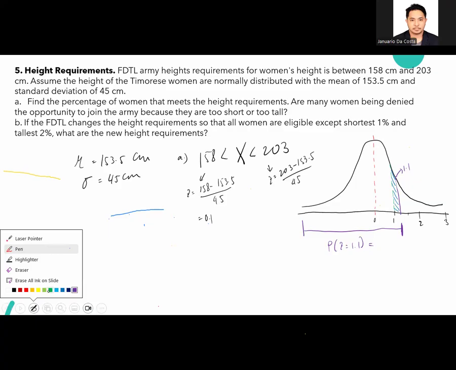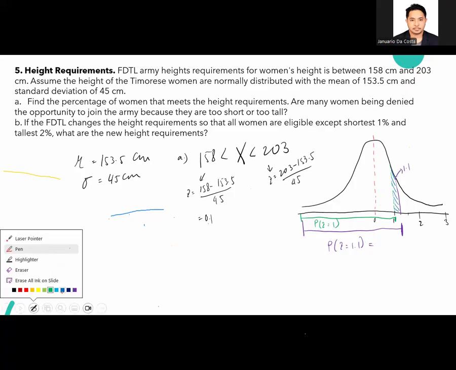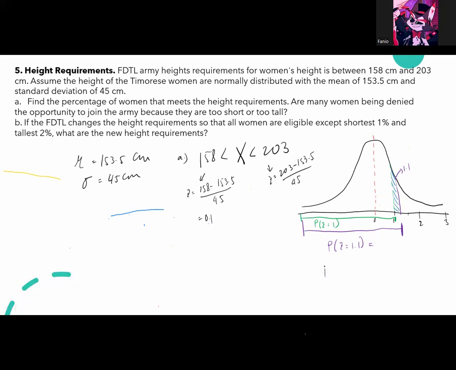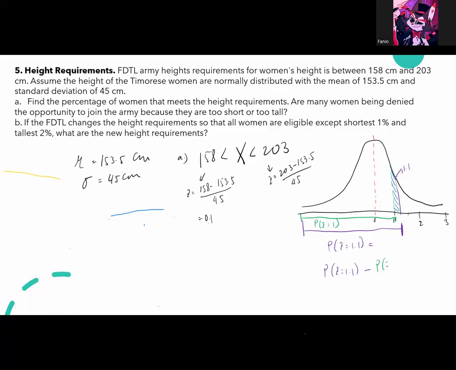And then the green one is from here to here, the probability of z equals 1. So how do you find the area in the shaded region? That will be the probability of z equals 1.1 minus the probability of z equals 1. That will be equal to the area of that shaded region.